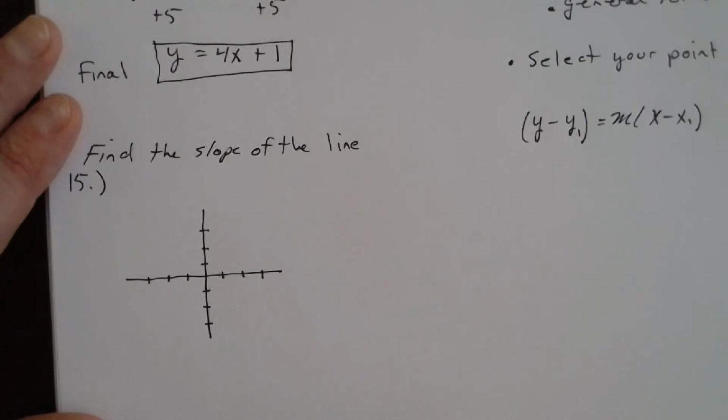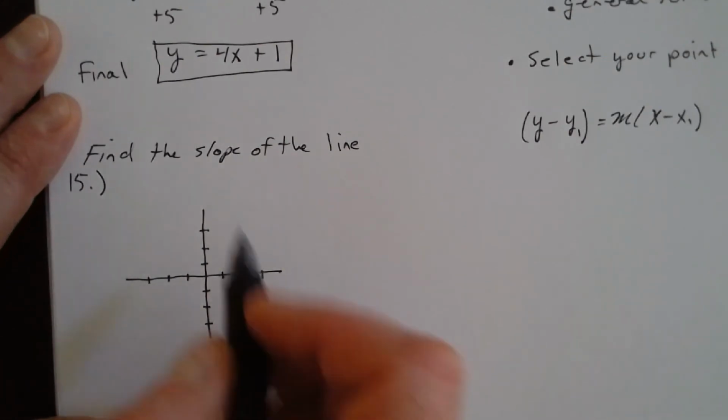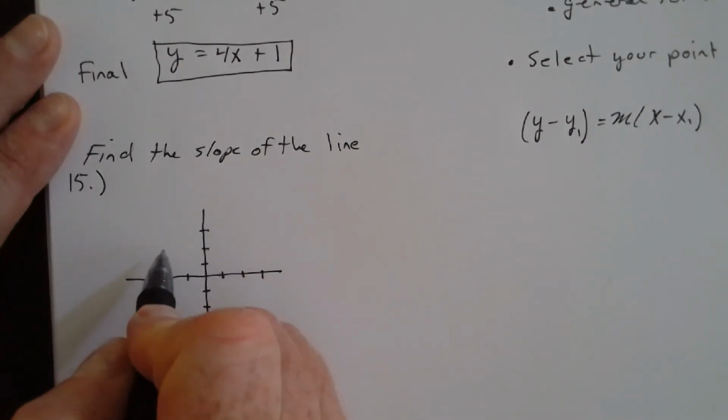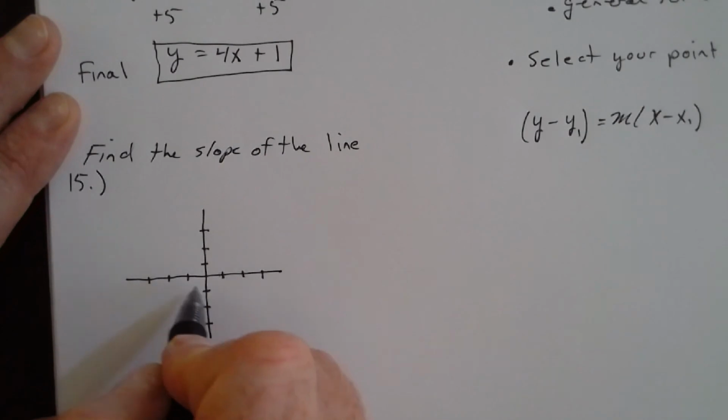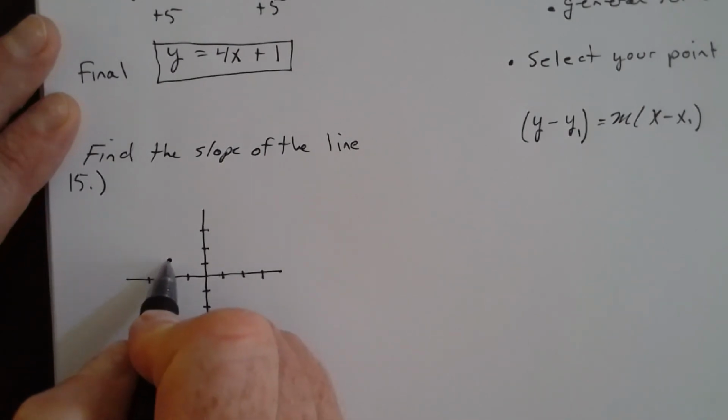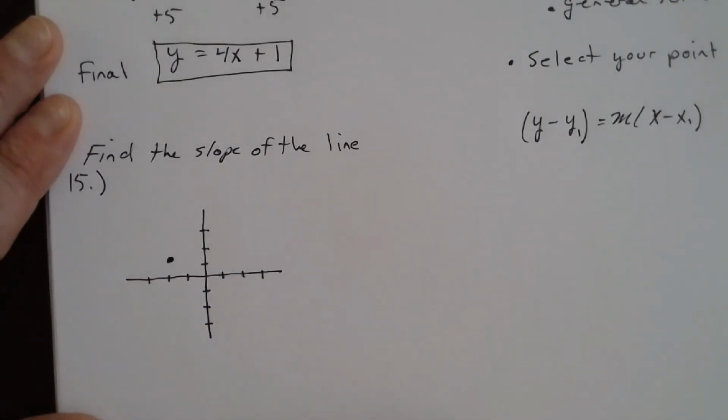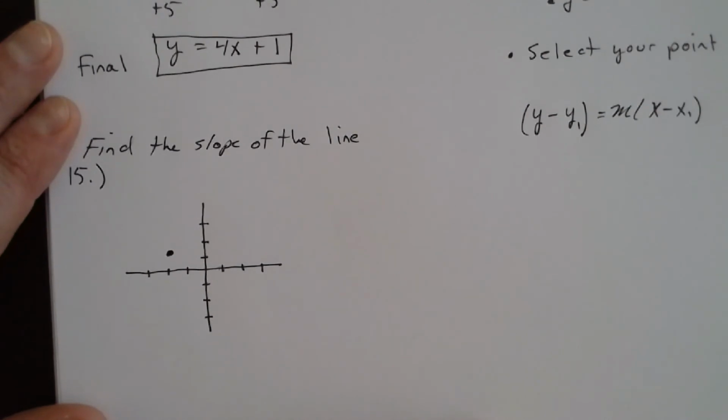And of course the first one would be 1, 2, and 3. So here there's only 3 going in every direction. I'm going to put a point right there. And I'm going to put another point.